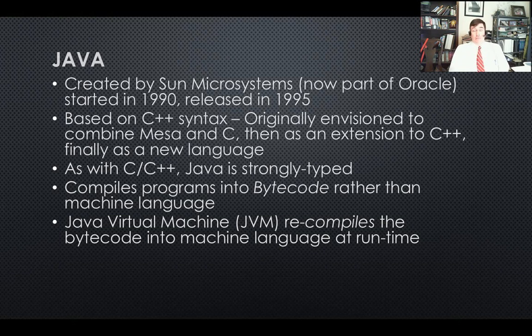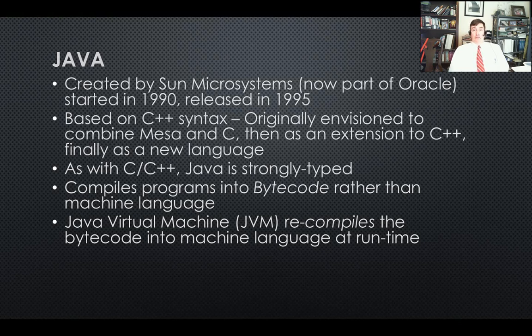Unlike C++, which compiles into native machine language of the computer chip that it's going to be run on, Java compiles into bytecode. Bytecode is an abstract representation of machine language for an arbitrary CPU. That means that in order to run a Java program, the bytecode has to then be translated into the actual machine language for the processor.